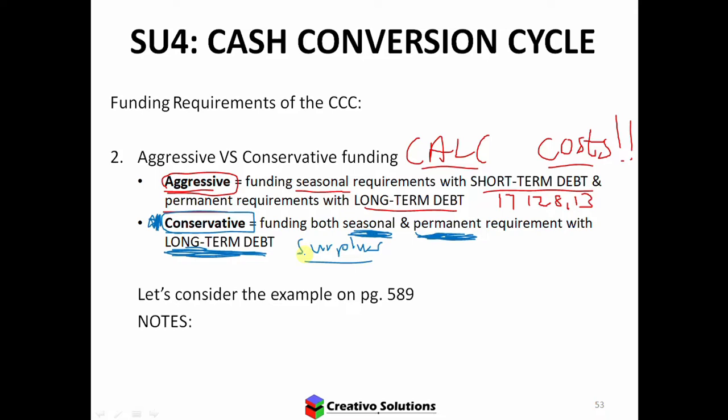So there's going to be no short-term financing. Remember we said conservative, everything is long-term. There's no short term, so that will always be zero. Your cost of the long-term financing is the total, the peak. Maybe I'm just going to put a note here.